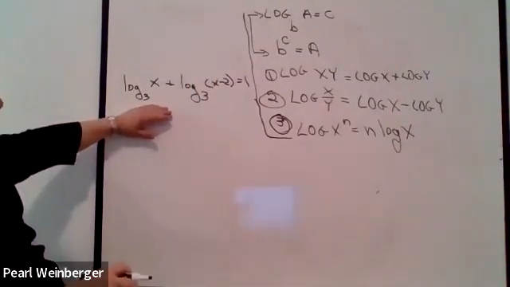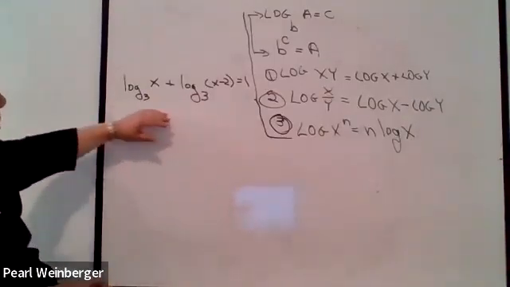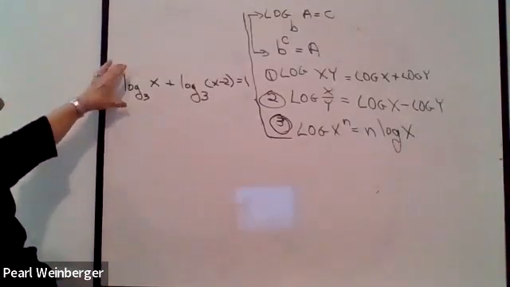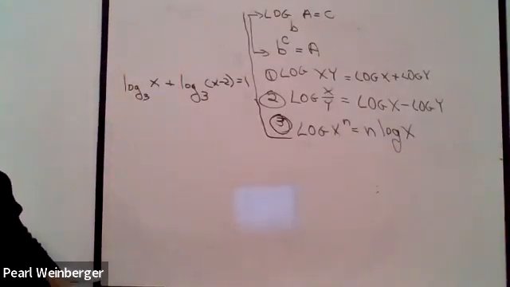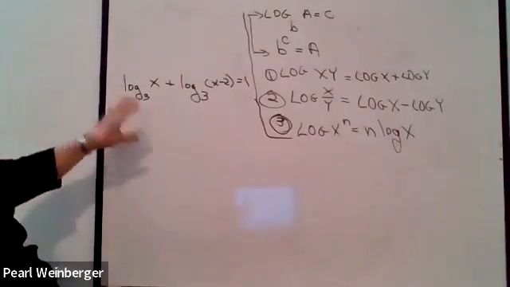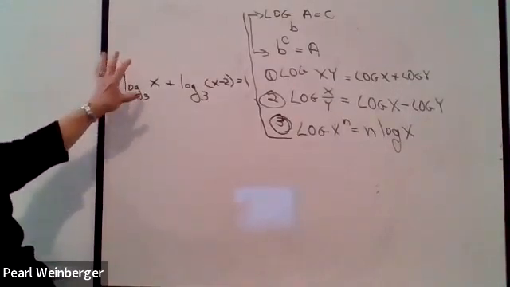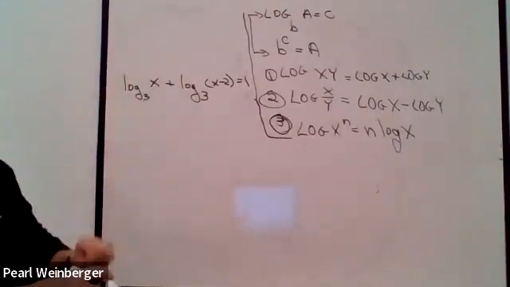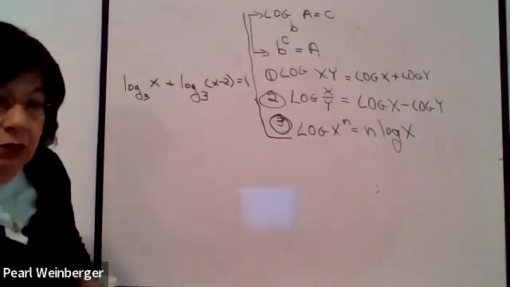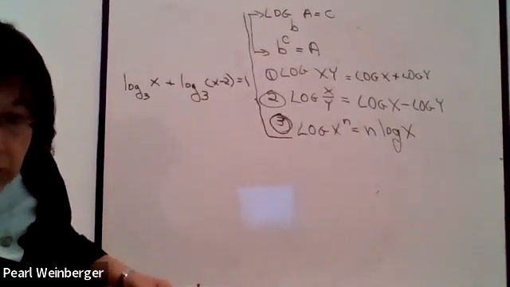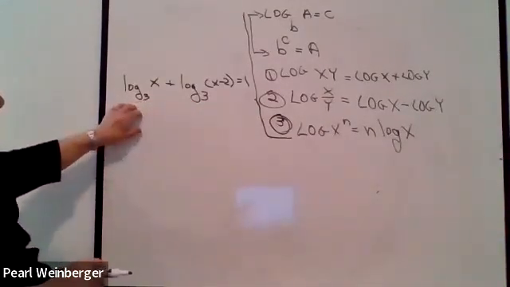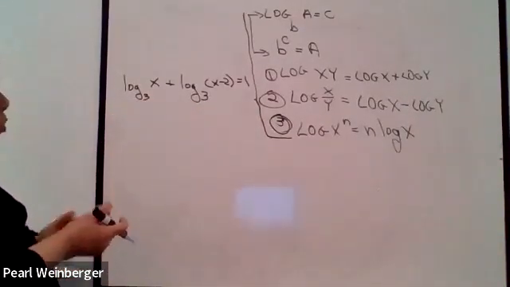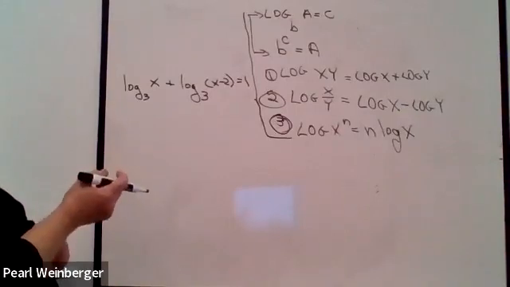Now, I just told you the way we solve log equations is we try to change from the log format to the exponential format. But that method works when I have only one log on the side of the equation. I have a problem here. I have more than one log. So I can't go automatically to the exponential form.